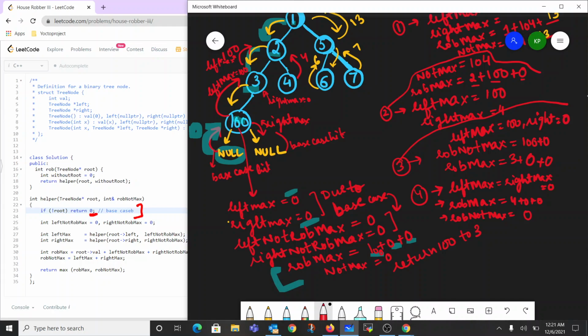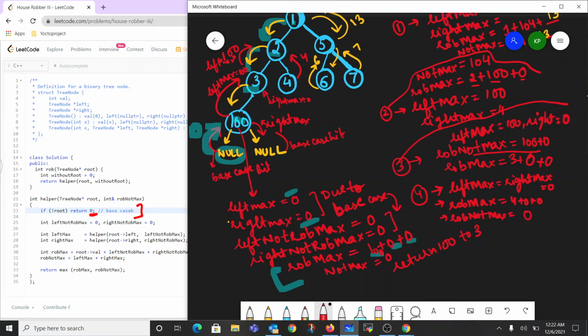How we came with the answer of 100 was because 3 had left rob not max value as 100, right? This rob not max value was 100 in the case of 3. So here left not rob max value is 100 and then right not rob max value is 0.